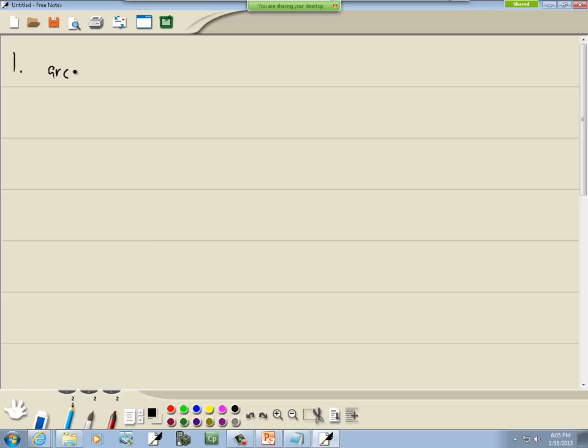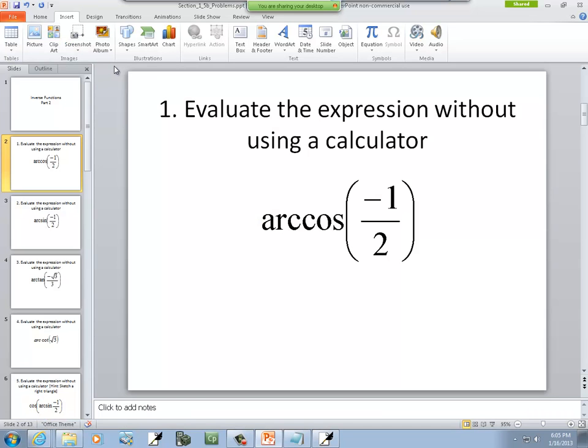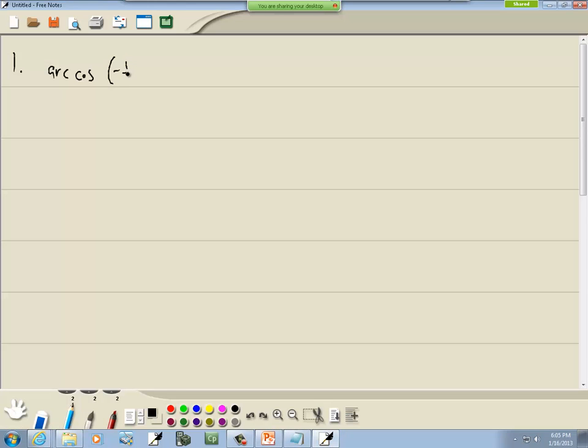We've got arc cosine of negative 1/2. Now we don't know what this is equal to, so we're going to say equal to a variable.